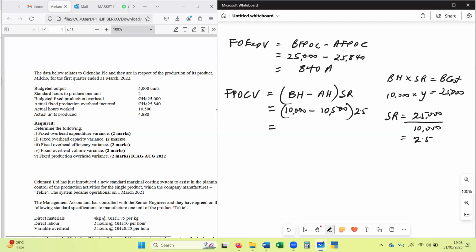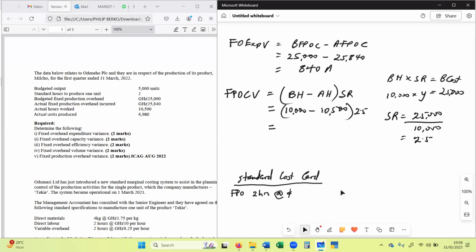Even if we are doing the standard cost card, with fixed production overhead, the standard hours is 2 hours. We don't know the standard rate, but when we multiply, we get the standard cost per unit.